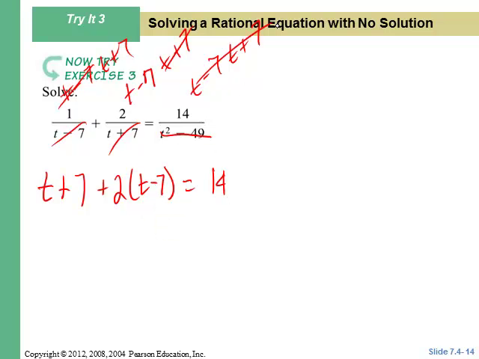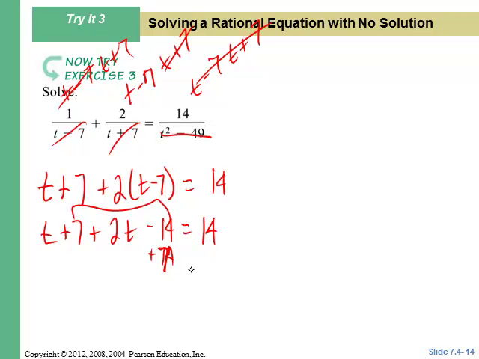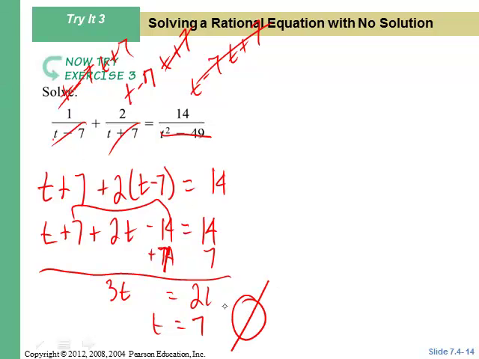So, t plus 7 plus 2t minus 14 equals 14. Add 7 to both sides. You get 3t equals 21, so t equals 7. 7 minus 7 is 0, so 7 can't be one of our choices, so there is, once again, the null set.